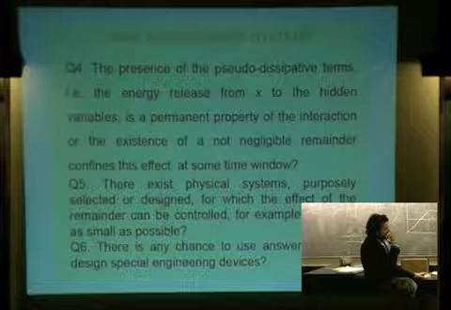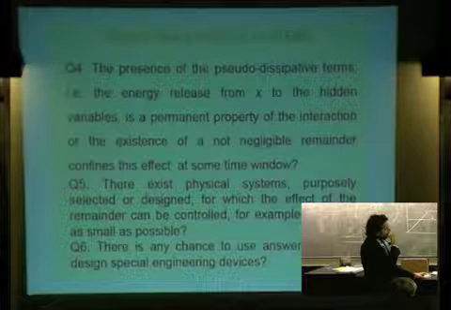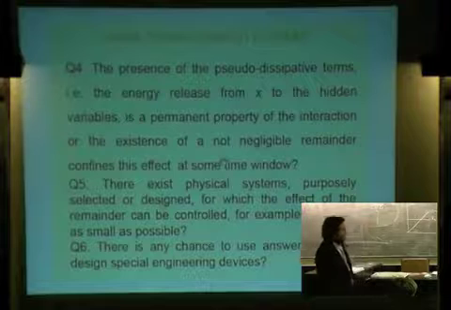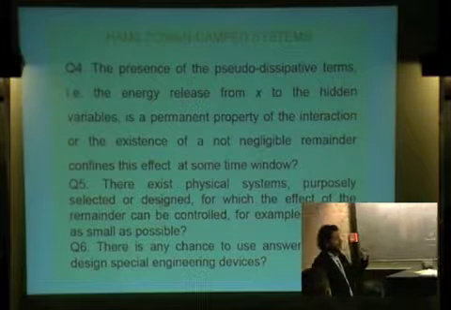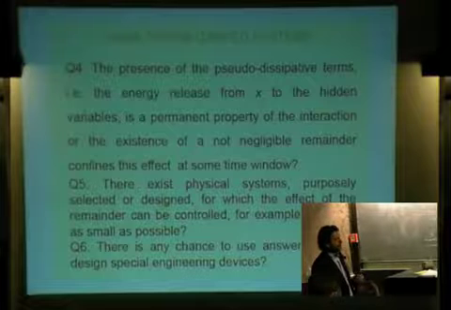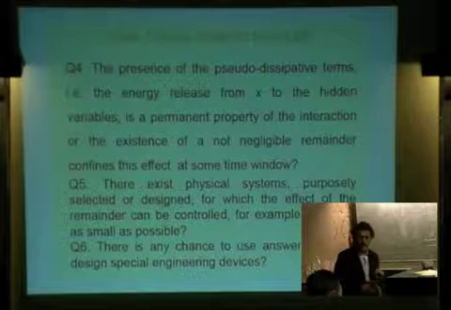Then we have two technical questions. We can imagine whether there exists a physical system that can be purposely selected or designed for which the effect of the remainder term can be controlled, for example, making it as small as possible.